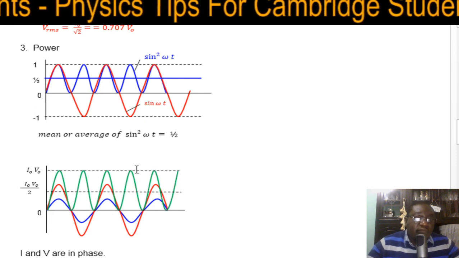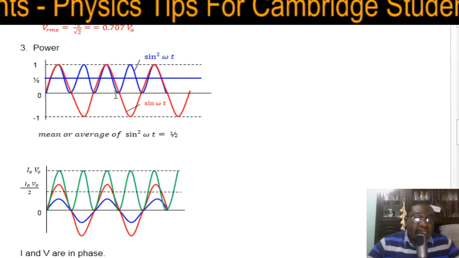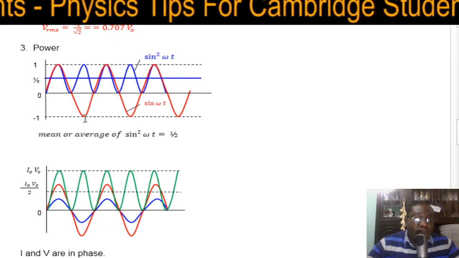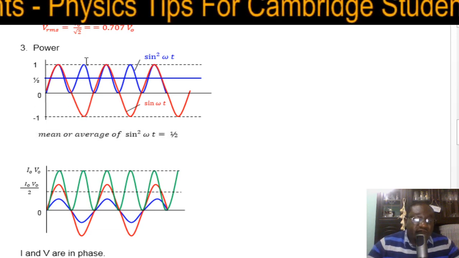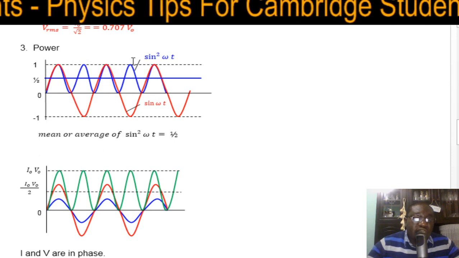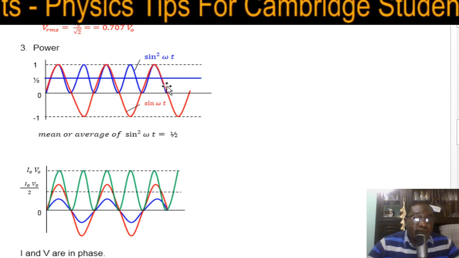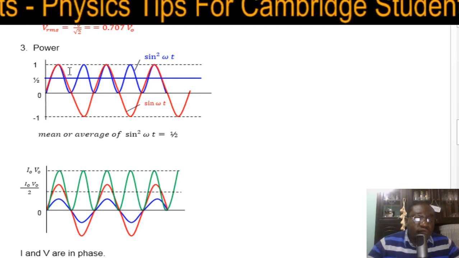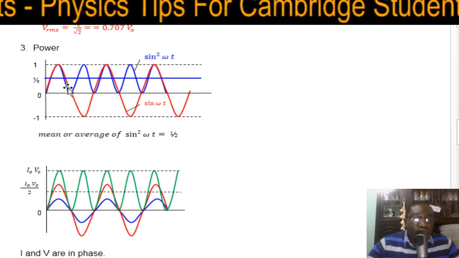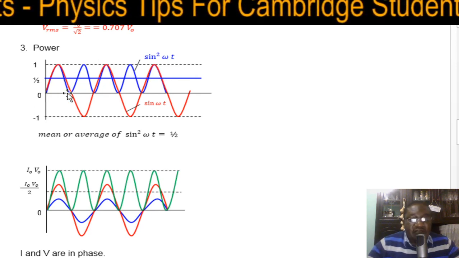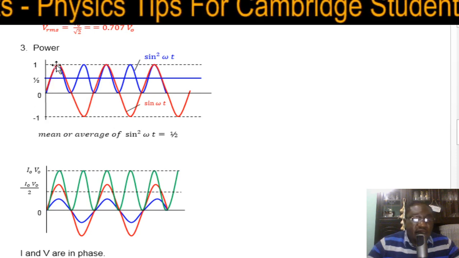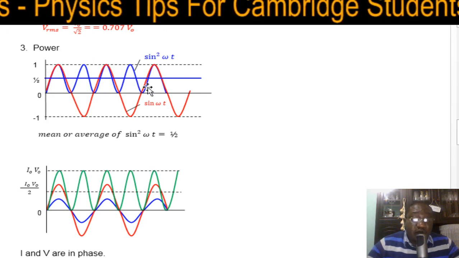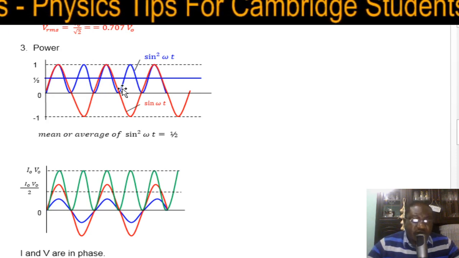The blue one, like I said, was current, and the red one was the voltage. So sine squared for I will not have any negative values. And V, when squared, will also not have any negative values, so it will only have positive values if you talk about V squared.